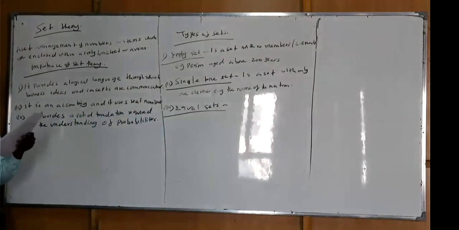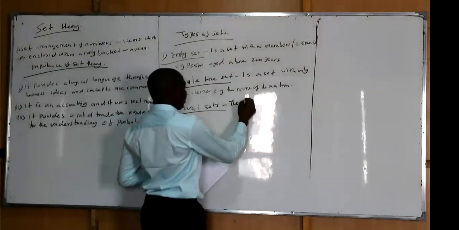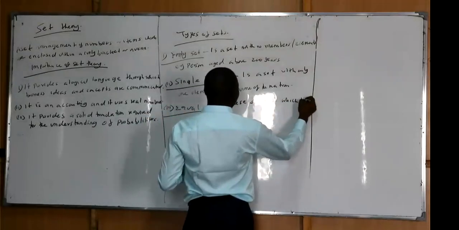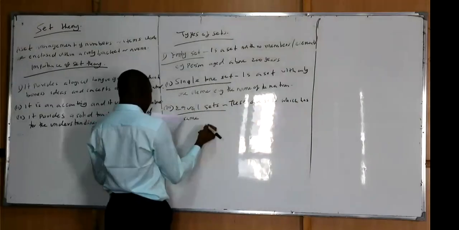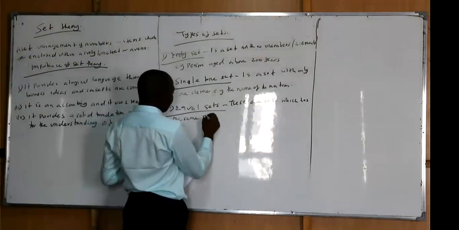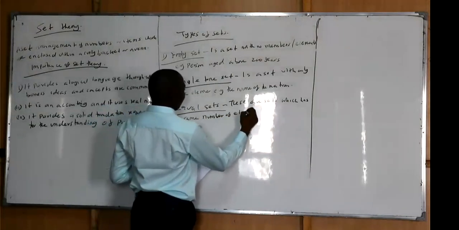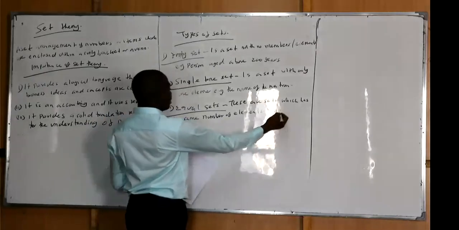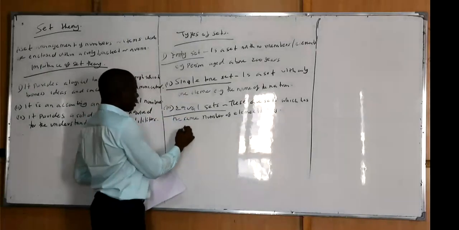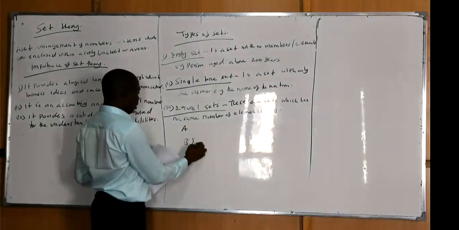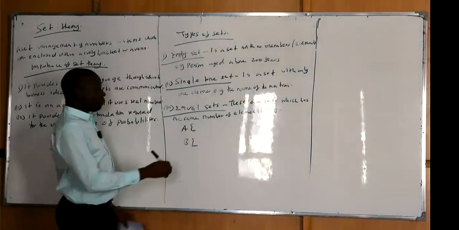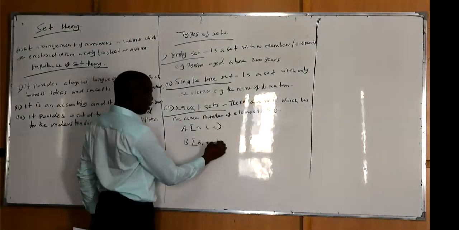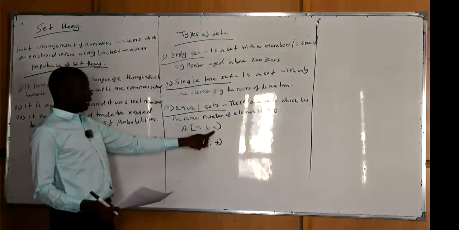These are sets which have the same number of elements, e.g., let us say this is set A and this is set B. Set A, its elements are A, B, C. Then set B, its elements are D, E, F. So set A has 1, 2, 3, 3 elements.